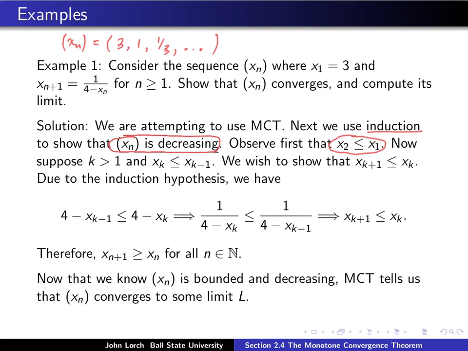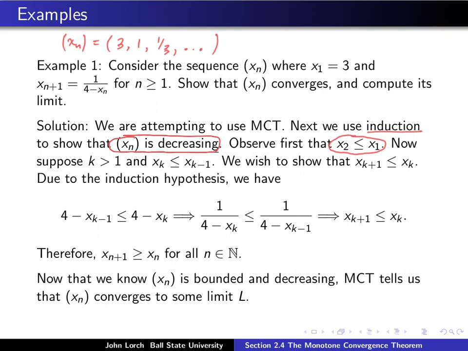We imagine a world where k is some number bigger than 1, and we imagine the scenario that the kth term is less than or equal to the k minus first term. We want to show, in the event that this is true, that that will imply that the k plus first term is less than or equal to the kth term.